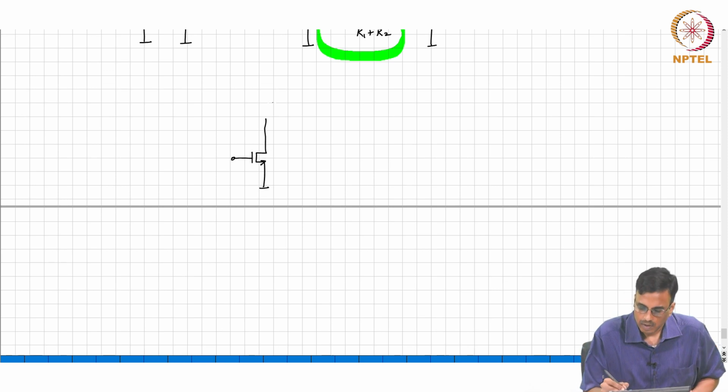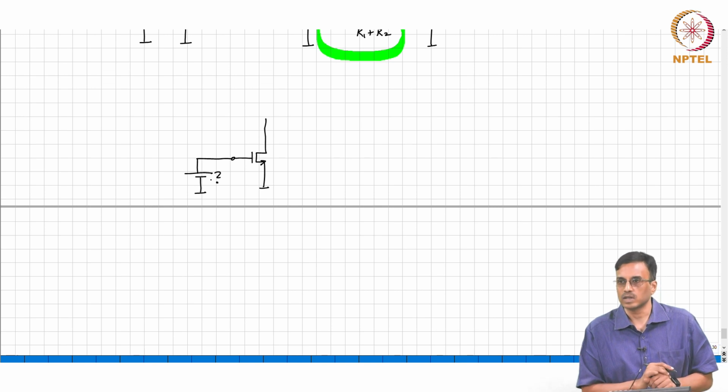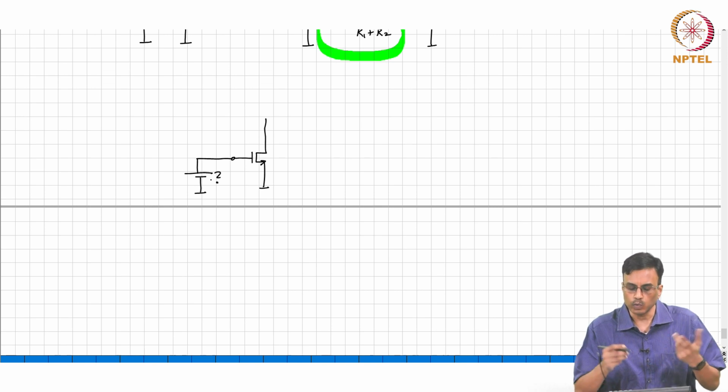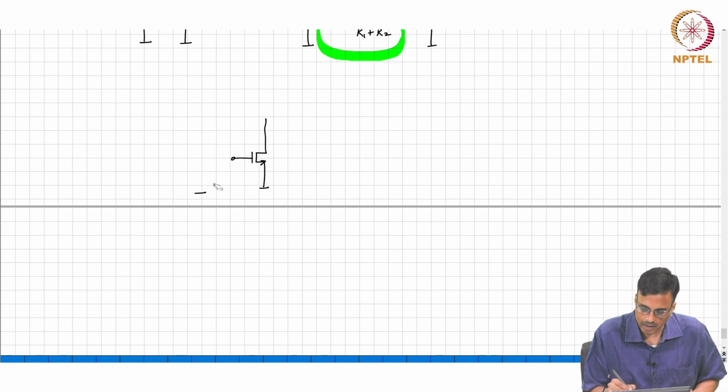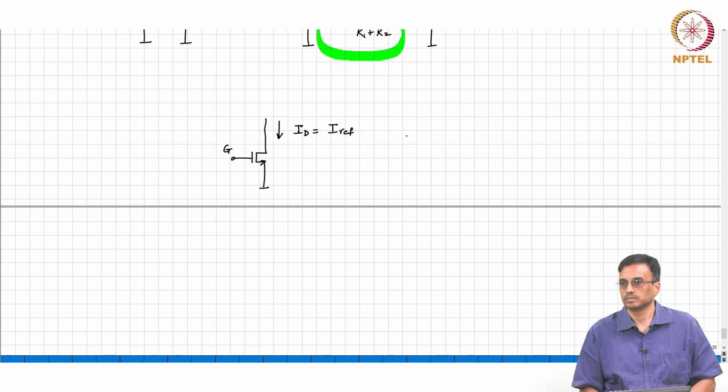Now, the question that I am going to ask you is, what would you choose? How would you come up with this battery voltage, or what would you apply at the gate terminal so that the current in the drain is some desired current Iref? What would you do? In principle, what will you do?